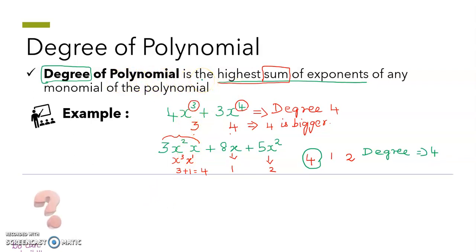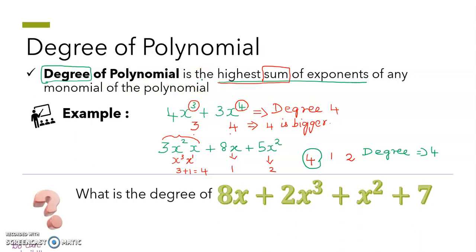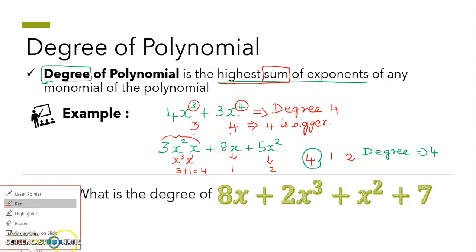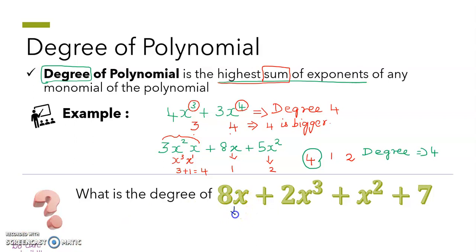Now, an example for you to solve. What is the degree of 8x plus 2x cubed plus x squared plus 7? This is a polynomial with 4 terms. The first monomial has a degree of 1.